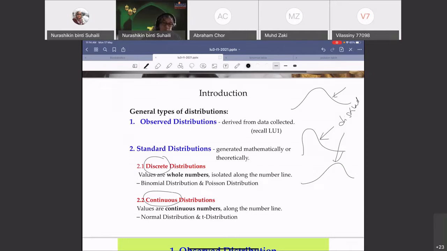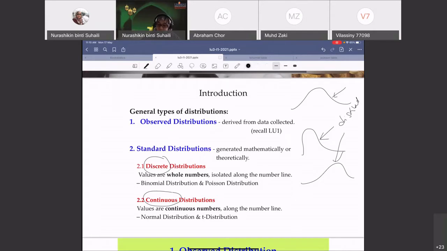When we say continuous distribution, it is the other way around. It refers to continuous data or continuous values. For example, the weight of students in class A. We know that weight has decimal points, like 0.5, 0.3. So that sort of data is continuous.